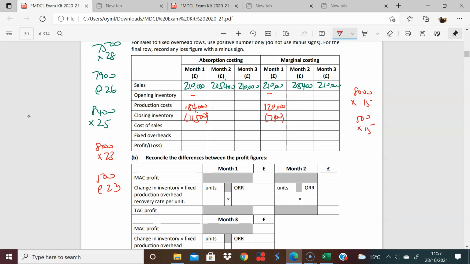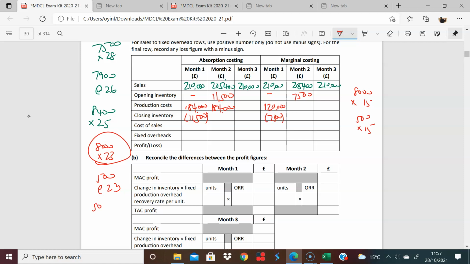Now, of course, closing inventory of one year is opening inventory of the next, and that just goes up right there. Then you're producing 8,000 every single period. So 8,000 again in year 2 times 23 comes again to 184,000.